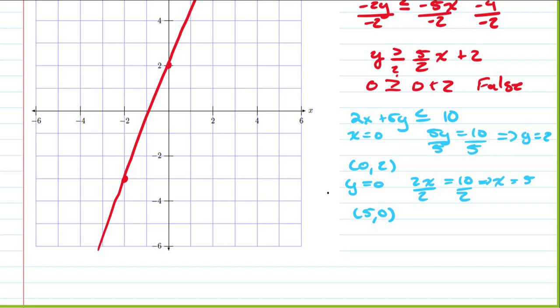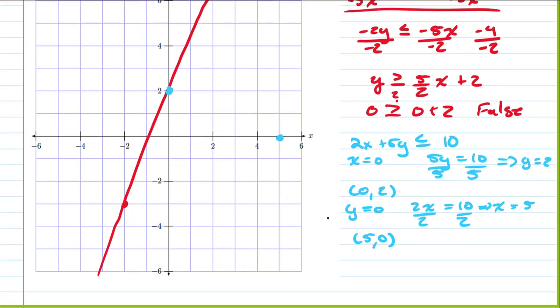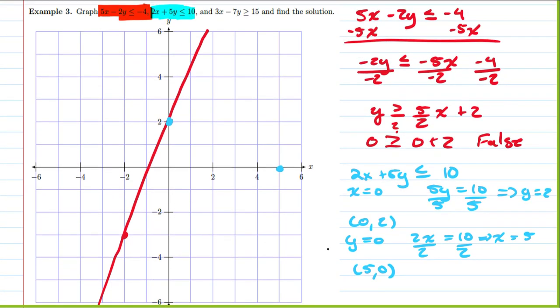So we have our point 5, 0, and we have our point 0, 2, which is right here. And we get something that looks like this. And we'll do our test points in a second.